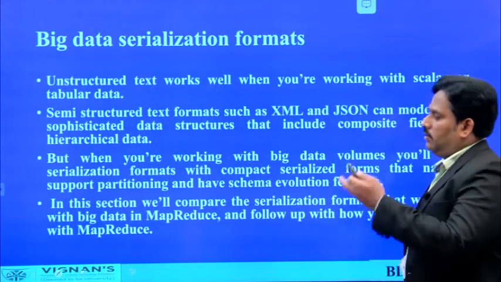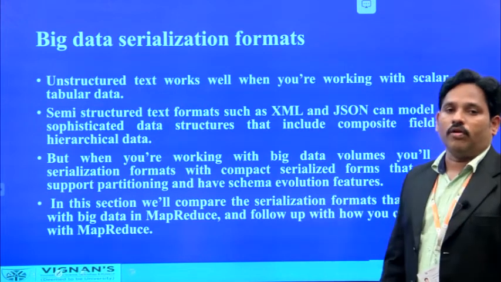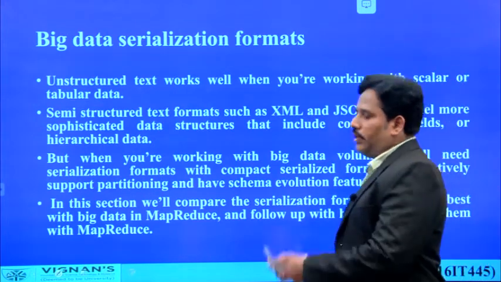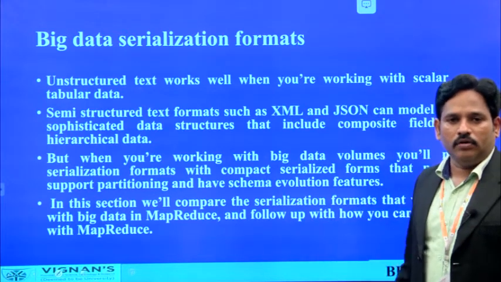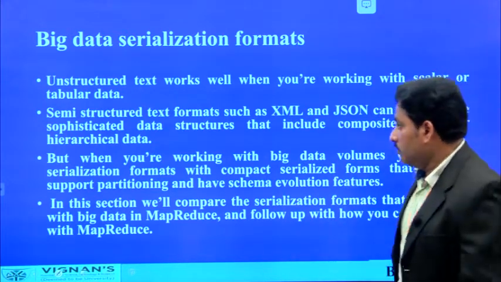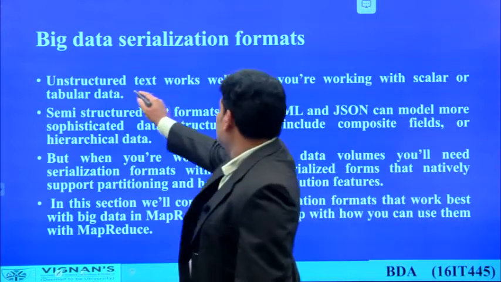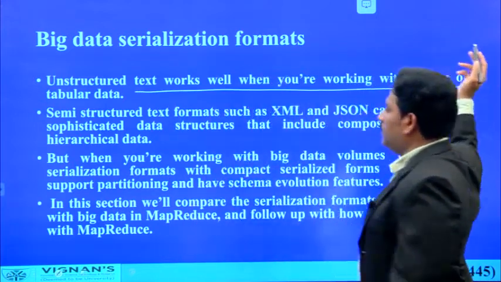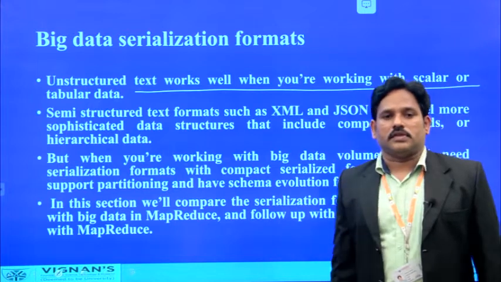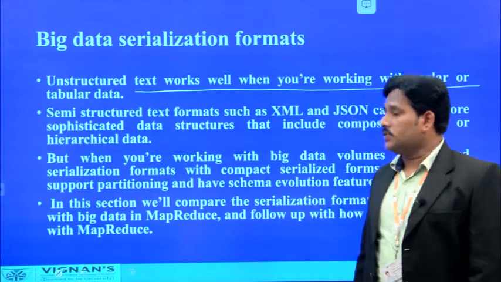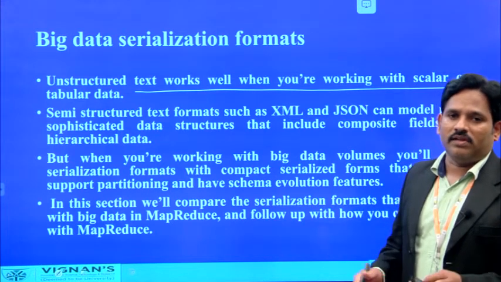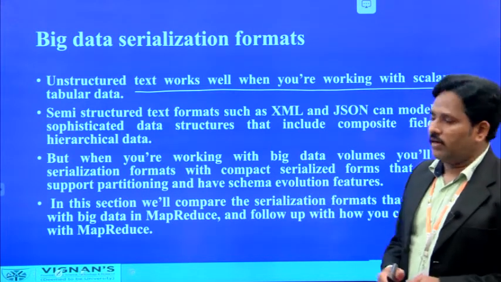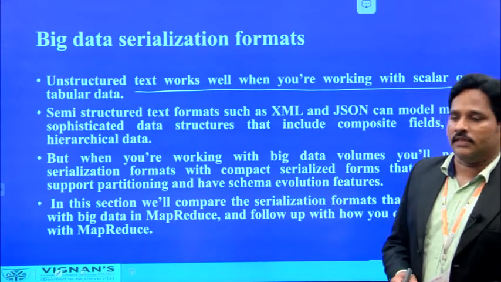Now, what are the available big data serialization formats? As we know, we can store either structured data, semi-structured data, or unstructured data. The first one is unstructured text, which works well when we compare it with scalar or tabular data. That means when we have a large amount of scalar nature data and tabular data, we can convert it into structured data.